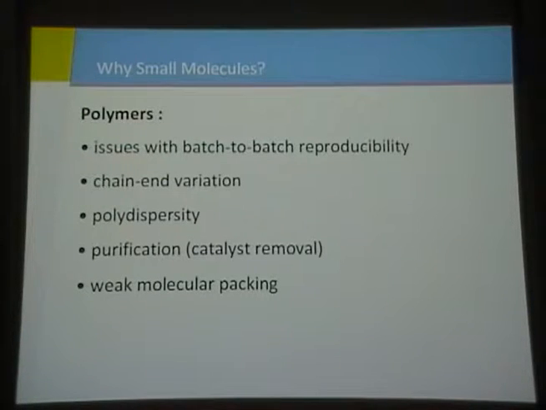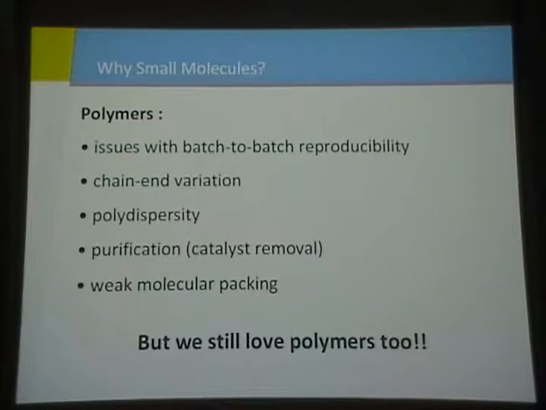We get chain end variations, polydispersity, and removing the catalyst after the synthesis process is challenging, and also there is very weak molecular packing. We still have polymers, and CSIRO is still focusing on polymers.